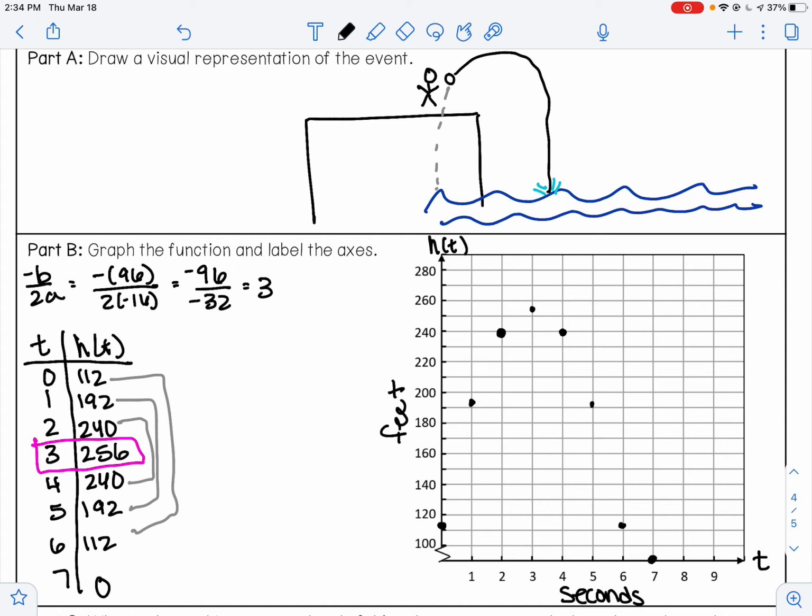And so when I graph this, this is what my parabola looks like. So this is the visual representation of this event, and now we know exactly what height and what time the rock is in each position.